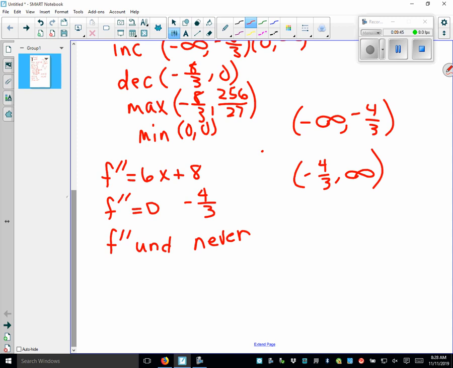What number did you use in that first one? It's negative. What about the second one? Positive. So where is it concave up? Where is it concave down?